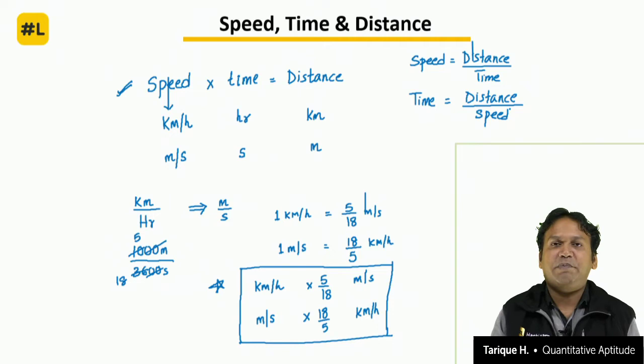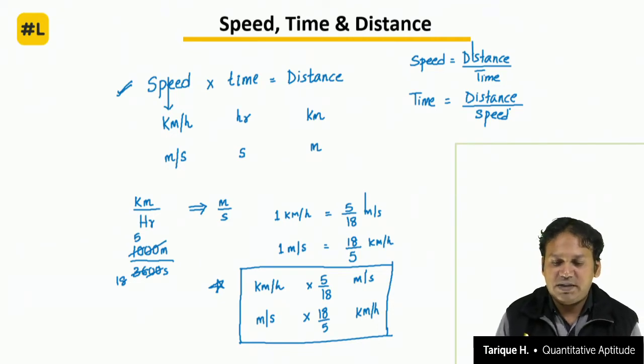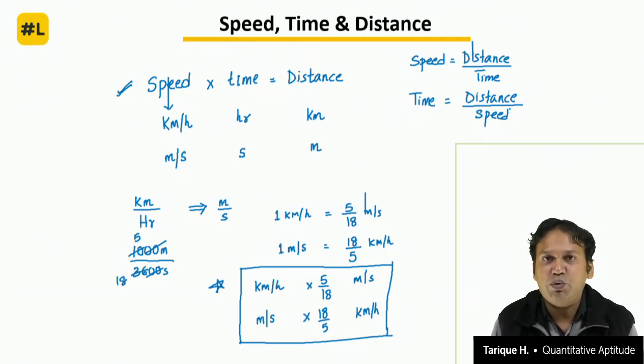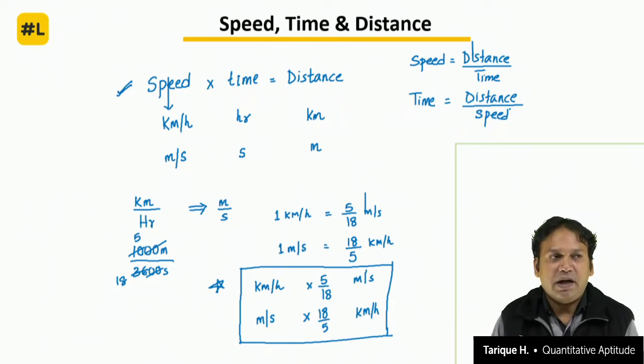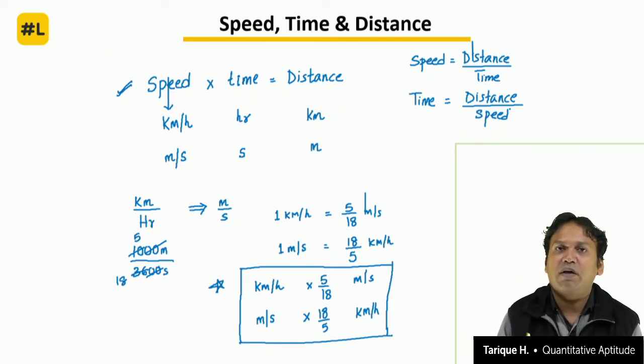So same thing, speed into time, distance. Speed is equal to distance by time, and time is equal to distance by speed. Understanding the units and know how to convert from one unit into the other.